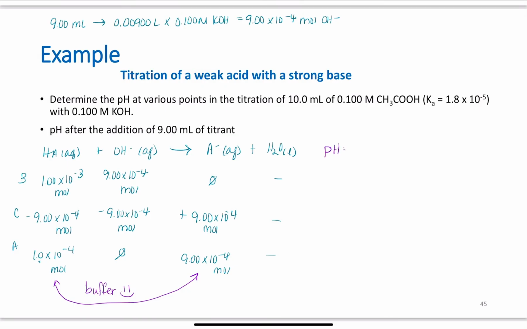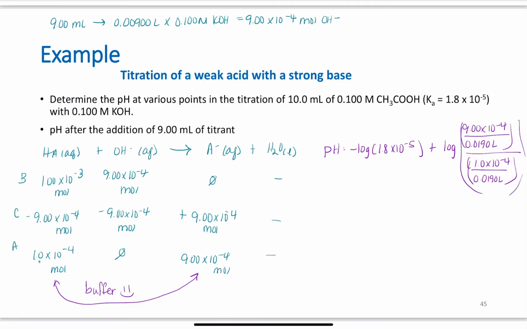So pH, negative log of the pKa, plus the log, concentration of base. Total, we've mixed 19 milliliters, so 0.0190 liters. Divided by acid, 1.0 times 10 to the minus 4th over 0.0190 liters.